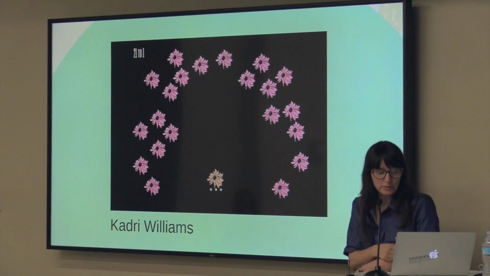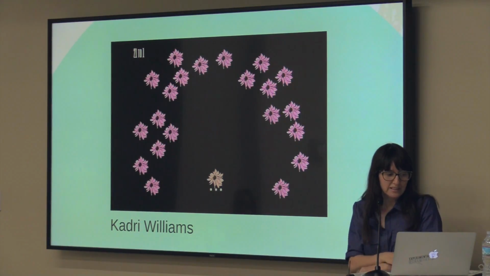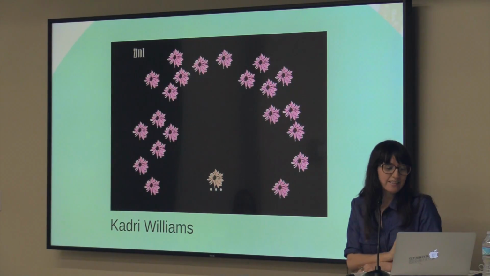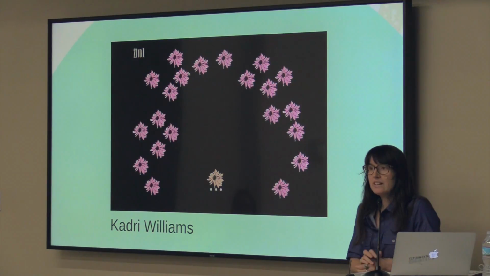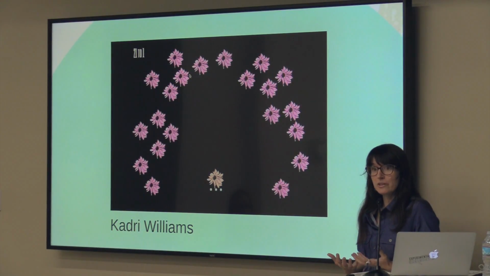This is Kadri Williams' piece, an interactive website, and mousing over these different flowers, I will show you on the next screen what happens. He wanted to talk about difficult social justice issues that turn people off when they're spoken about in overt ways.